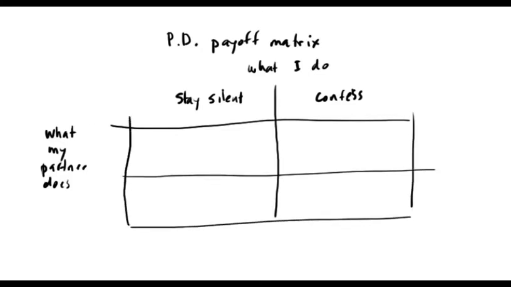Now put yourself in the position of one of these suspects and start by imagining that your partner is over in the other room confessing. Okay. Now if I stay silent, I'll get a 10-year prison term. But if I confess, it's only going to be 6 years. So if the partner is confessing, my better option is to confess.